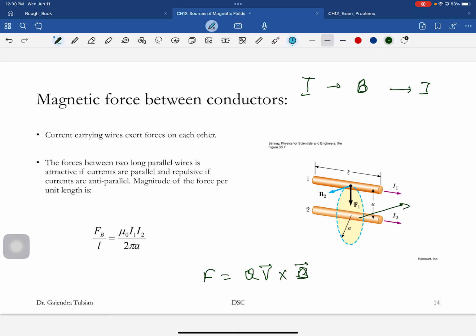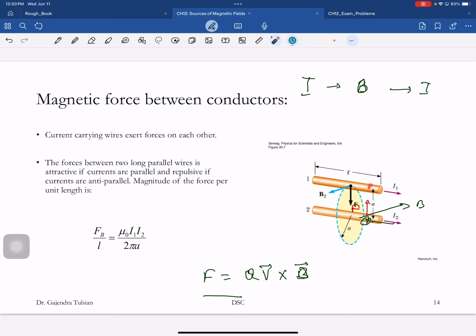Now a positive charge moving in this direction, V cross B, will feel a force in the upward direction. So this current is exerting a force on these moving charges in the upward direction.